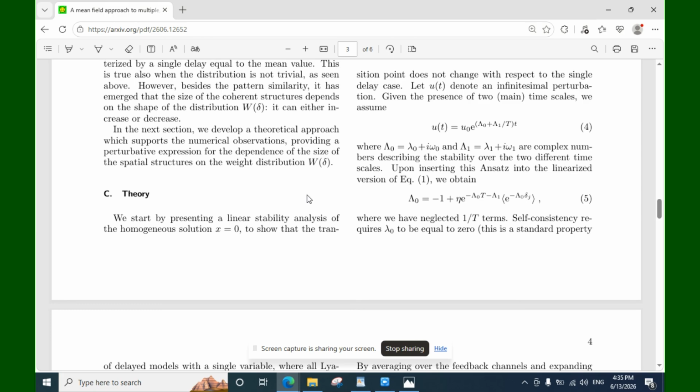Upon inserting this ansatz into the linearized version of equation 1, we obtain alpha 0 is equal to minus 1 plus e to the power of minus alpha 0 tau minus alpha 1 multiplied by e to the power of minus alpha 0 delta, where we have neglected 1 over T terms.